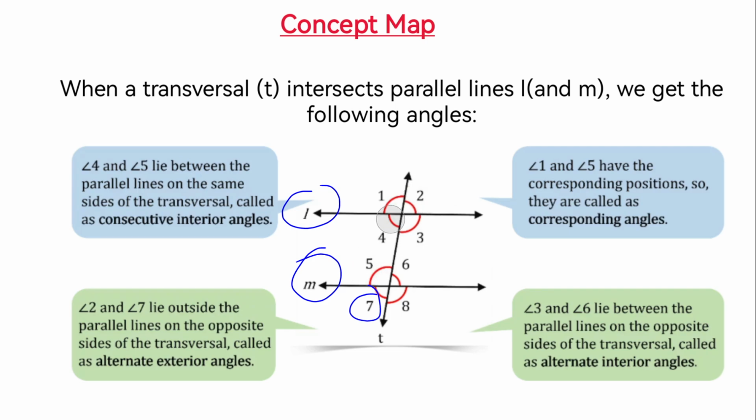Another relationship of angles that we can see is angle 1 and angle 5. So this is our angle 1 and angle 5, and they are called corresponding angles.